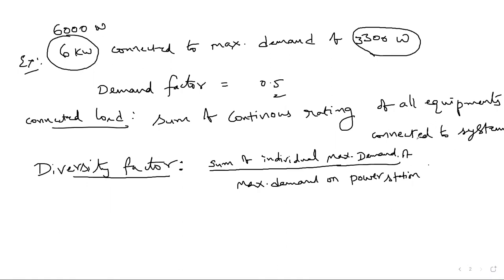The sum of individual maximum demands of various subdivisions, you can write clearly, subdivisions of a system, to the maximum demand of the complete power system or complete power station.